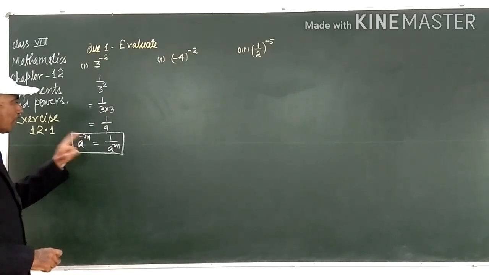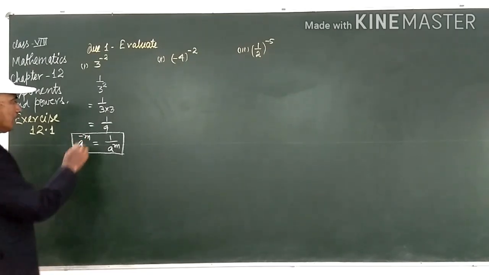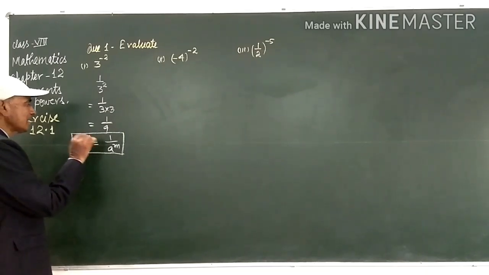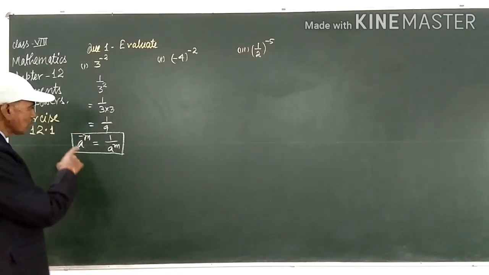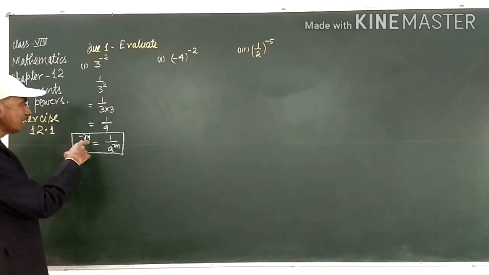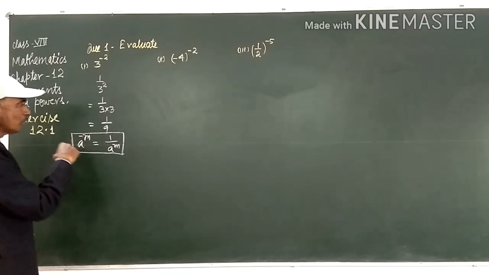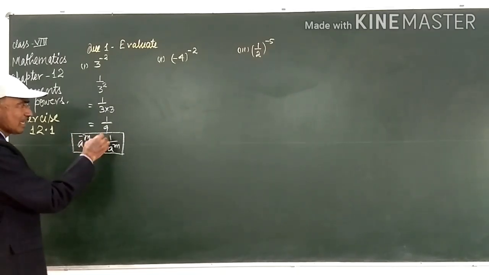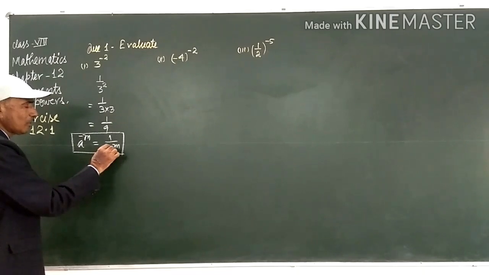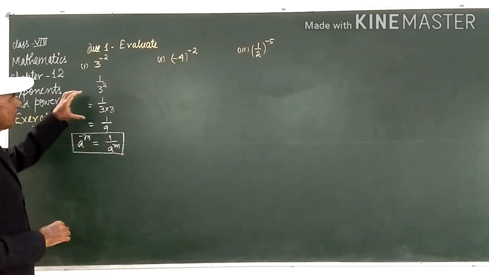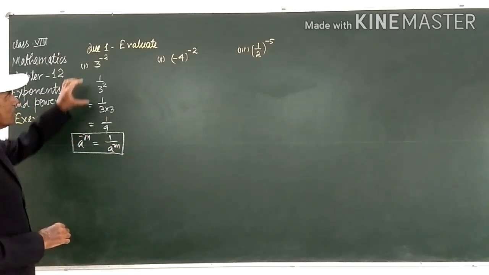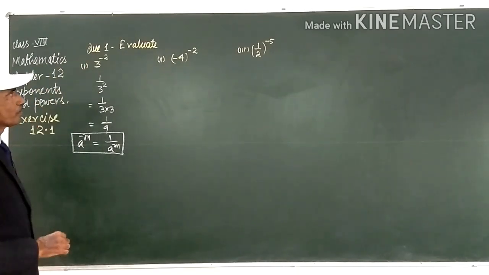So a to the power minus m, it means the exponent is negative here. So if the exponent is negative, to make it positive we have to write 1 upon a to the power m, and we have used this rule to solve this question.